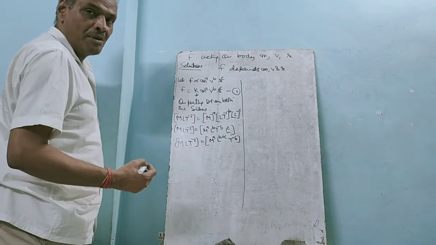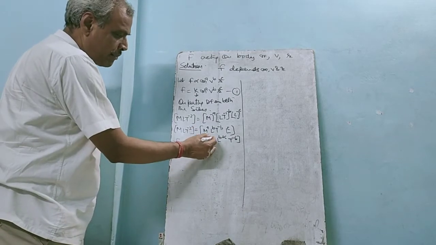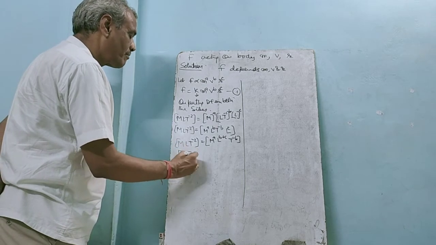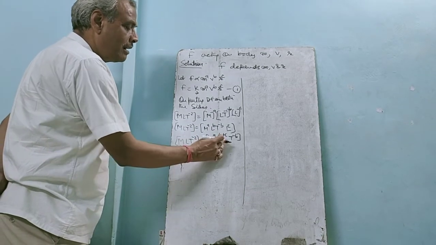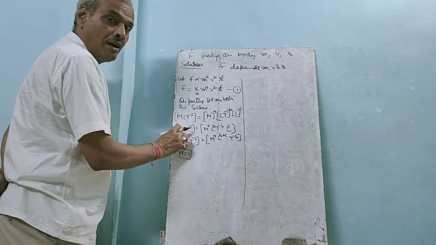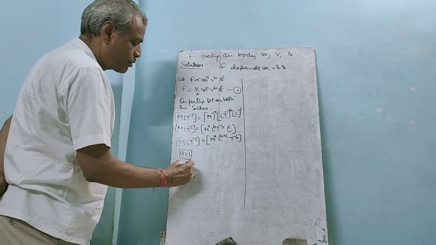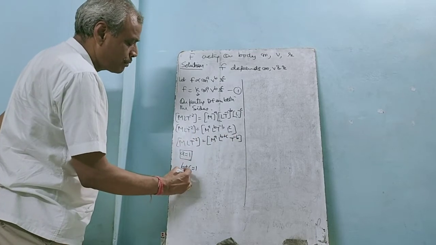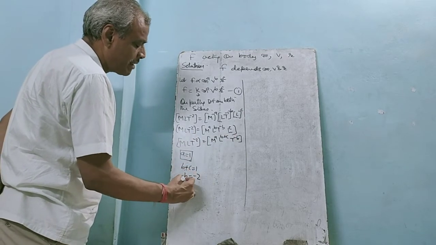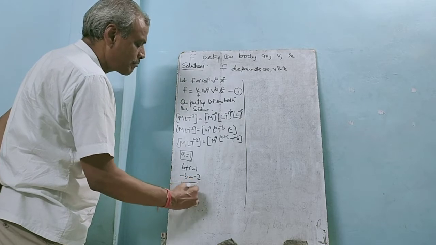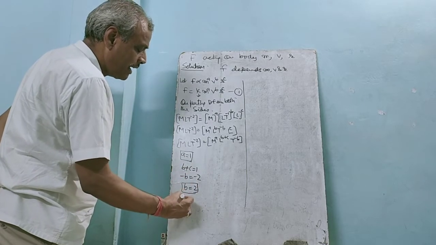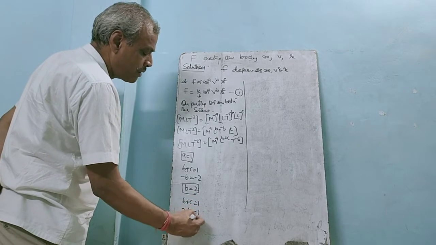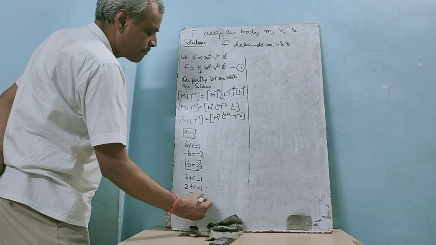On comparing the dimensions on both the sides, for M we get a equals 1. Second, for L, b plus c equals 1, since no power means 1. For T, minus b equals minus 2, so b equals 2. Then 2 plus c equals 1, so c equals minus 1.